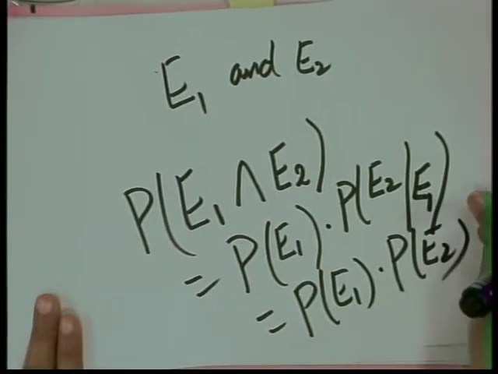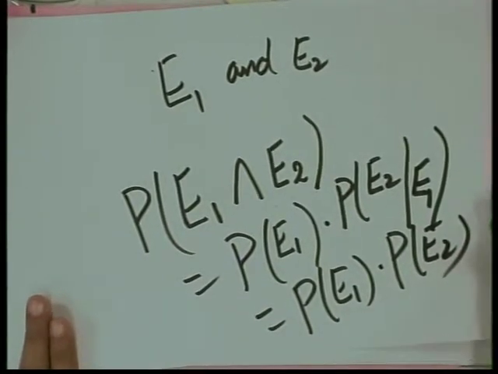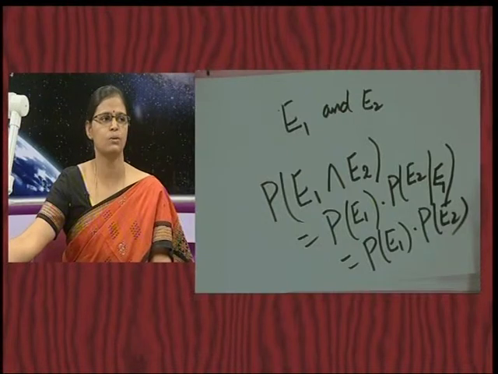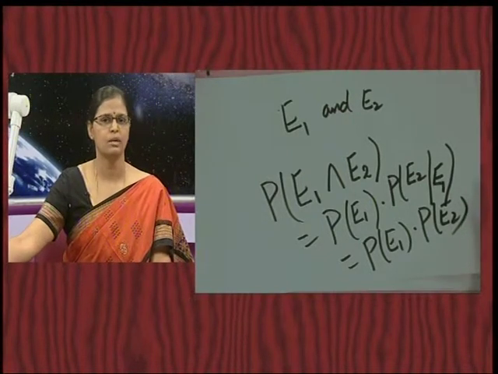So, these are the two little things that you should remember. One is probability of E1 union E2, that is E1 or E2, and the other is E1 and E2, that is E1 intersection E2. With these little formulas and this little knowledge, you will be able to solve all the problems in probability.